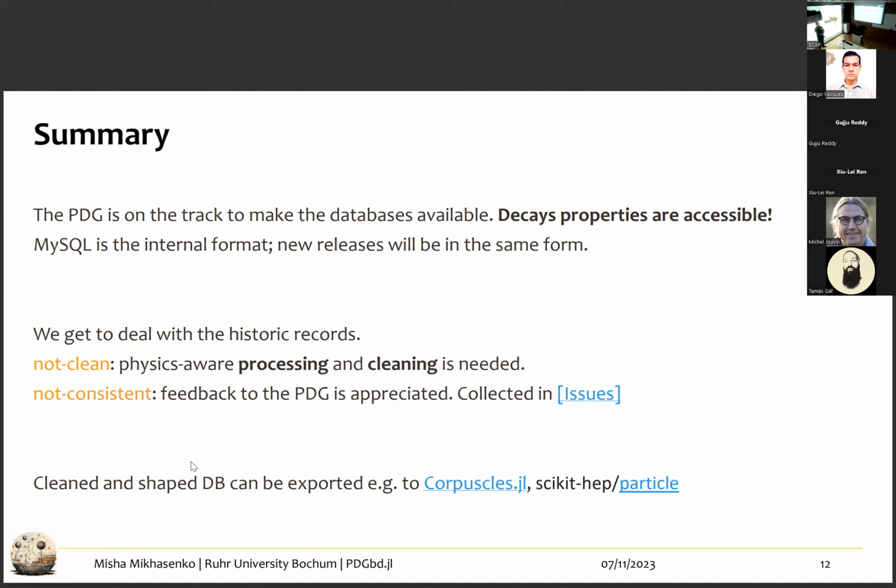In my view, we can clearly use this as a tool to clean up and export consistent SV files or table data to be accessed by scikit-hep, particle, or corpuscles. All right, that's it. Thank you, Misha.